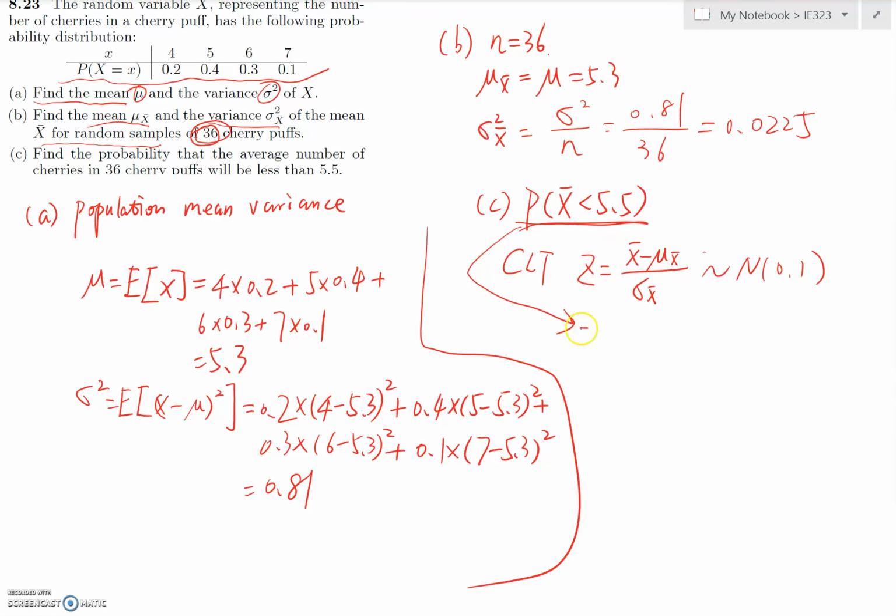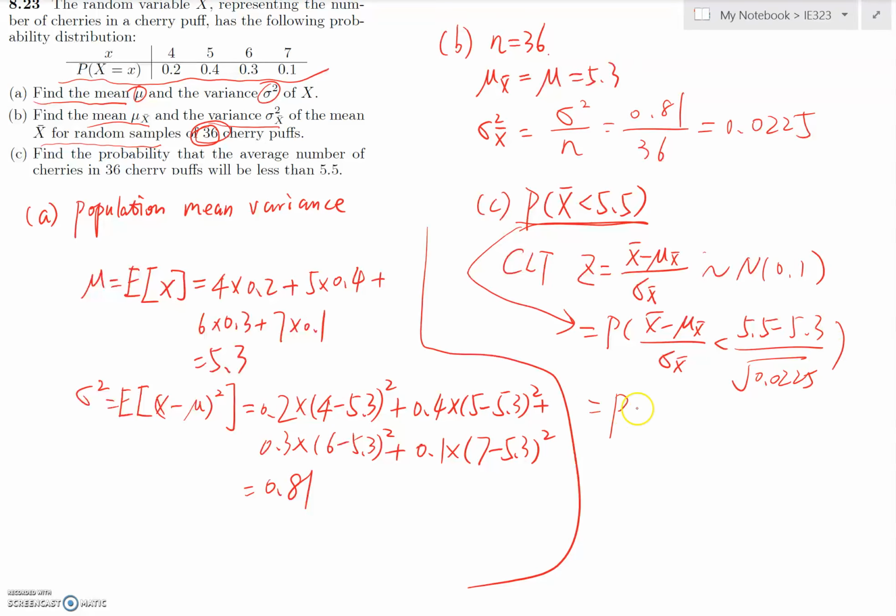So from this we can know the probability x bar less than 5.5. We can transform this into x bar minus mu x bar divided by sigma x bar less than 5.5 minus 5.3 divided by square root of 0.0225.